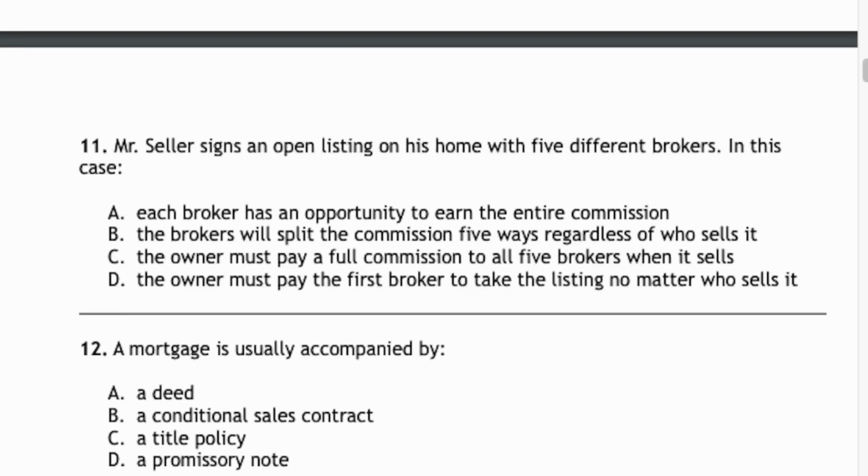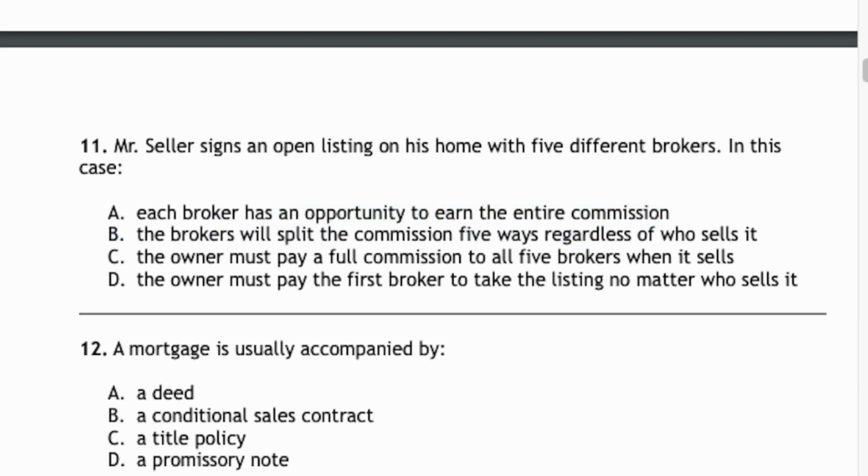C, the owner must pay a full commission to all 5 brokers when it sells. D, the owner must pay the first broker to take the listing no matter who sells it. It's unfair to say this, but I feel like this one is rather simple. The other 3 kind of seem absurd. So the answer is yes, A.